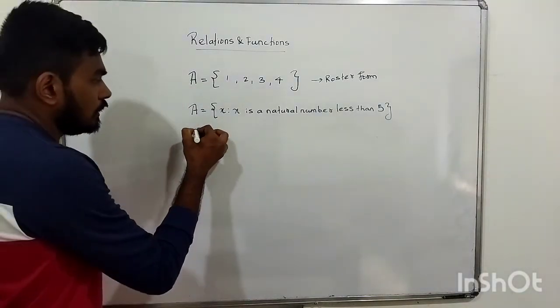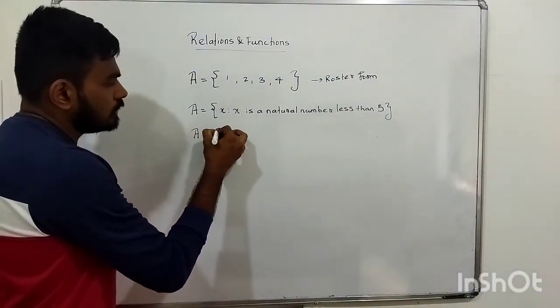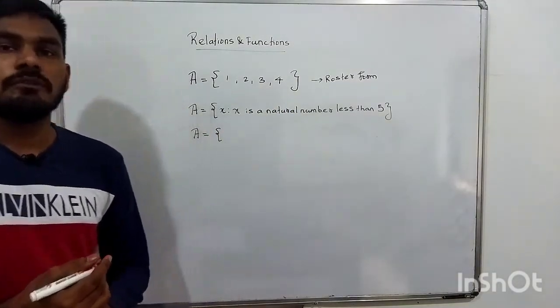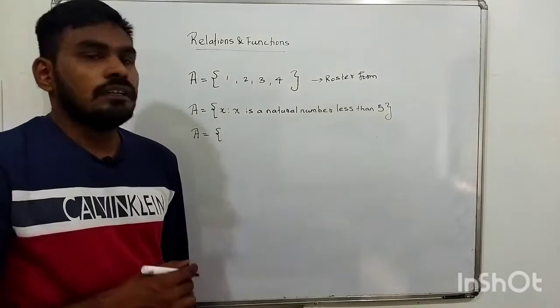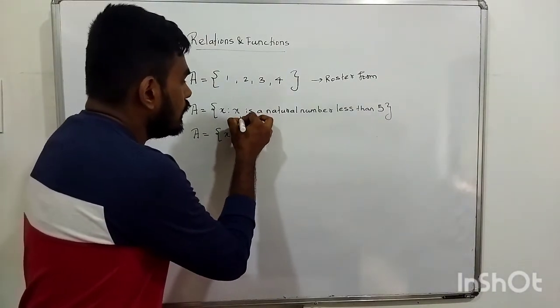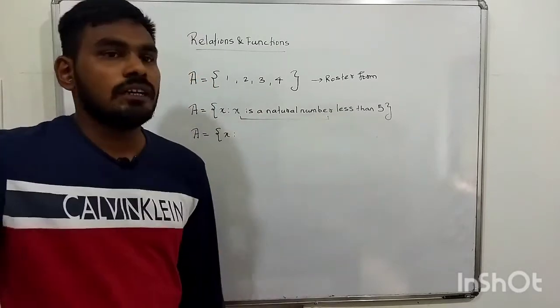Next, there is one more way of writing this, in set builder form only. What is that? We can write x such that x is a natural number. In short, how can we write?